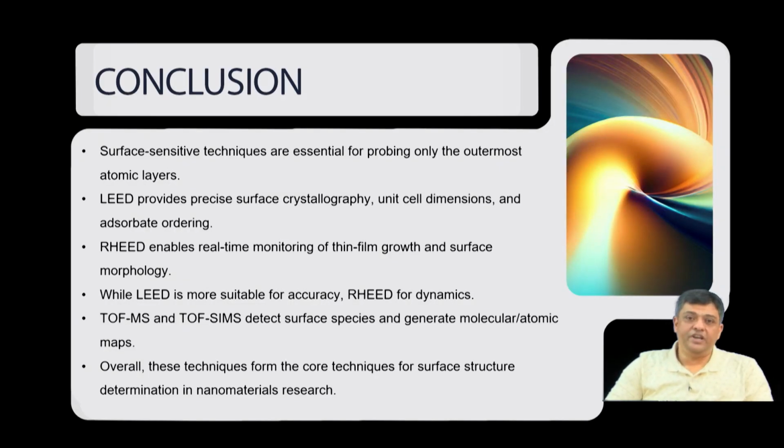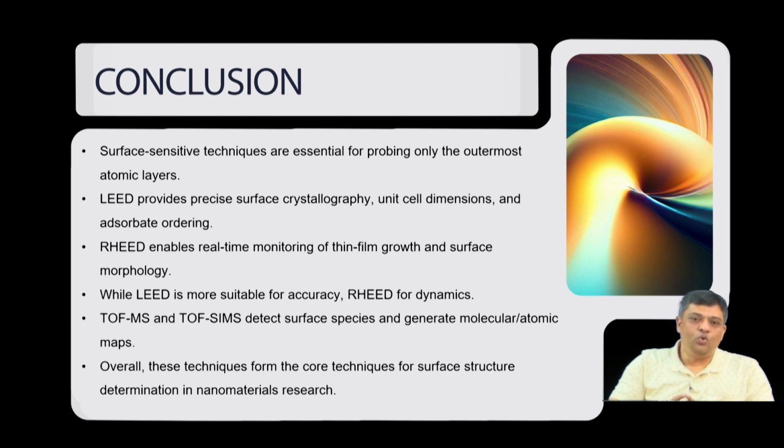I hope now you have clearly understood the next few techniques which are used to understand the surface structure of nanomaterials. So, using X-rays, SEM, TEM and techniques like LEED, RHEED or SIMS or time of flight mass spectrometry, you can get a lot of information about the samples which you prepare.